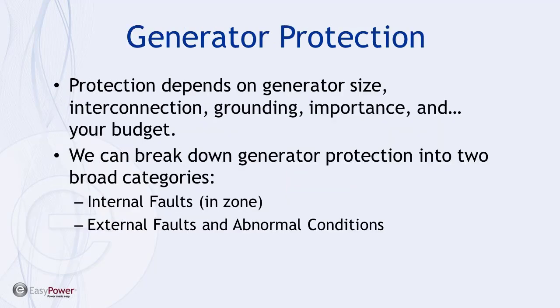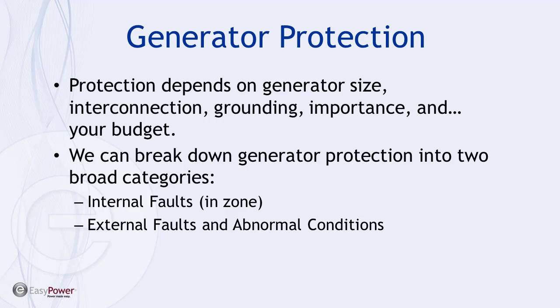So like everything else, the protection that you put on your generator depends on the generator size, how it's interconnected to the system, the interconnection requirements imposed by the utility or the regional grid, how the generator is grounded, the importance of the generator to your system or to your operation, and always what your budget is and how much you're willing to spend.